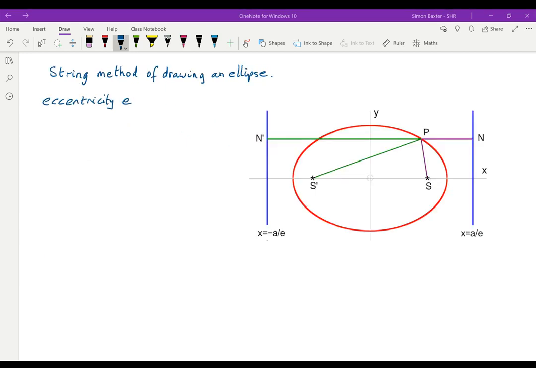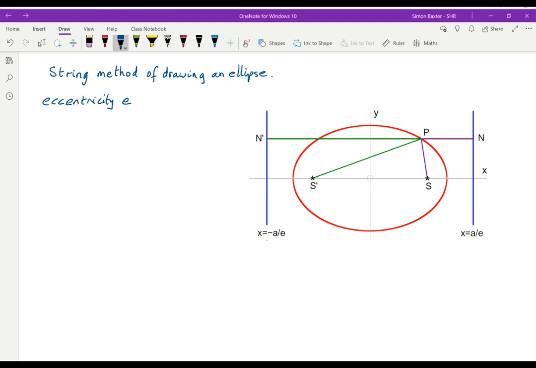I'm now going to look at a little result which will allow us to draw an ellipse with a piece of string. Let's suppose that we have an ellipse with eccentricity e. Then my two directrices will be x equals a over e and x equals minus a over e. SP will be e times PN.